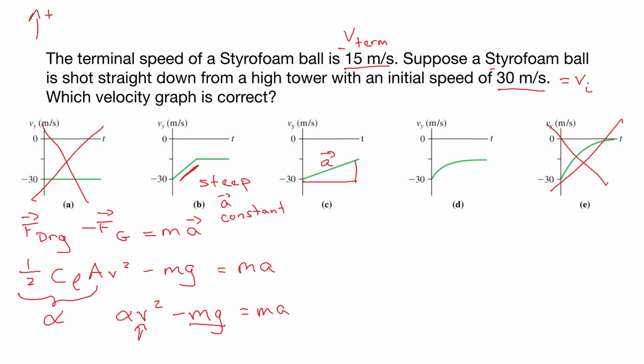But if I look at D, I can see that the slope starts out very steep and then starts to level out as time goes on, eventually getting really close to zero. So in graph D, the acceleration is changing over time.